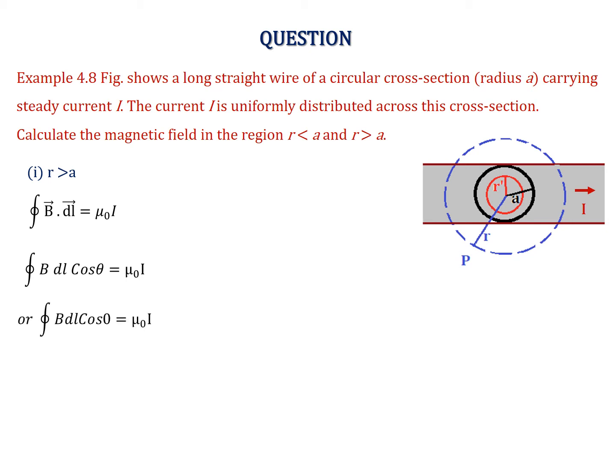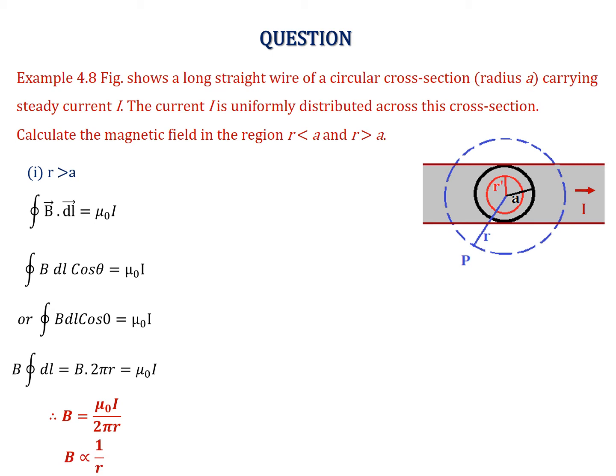So, integral of B dl cos 0 is mu naught I, or B integral dl, which will be equal to B into 2 pi r, is mu naught I. Further, we can write magnetic field as mu naught I upon 2 pi r. So, you can see here the magnetic field does not depend upon the radius of the wire. It depends only upon the distance from the wire. So, B is inversely proportional to r.